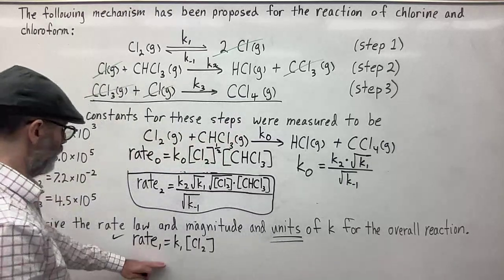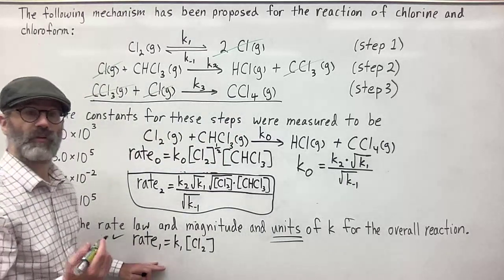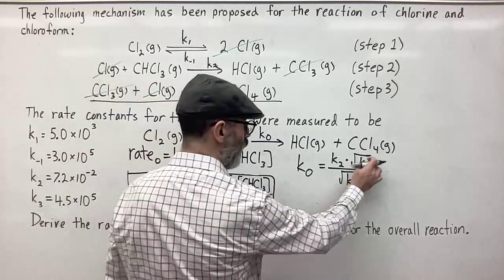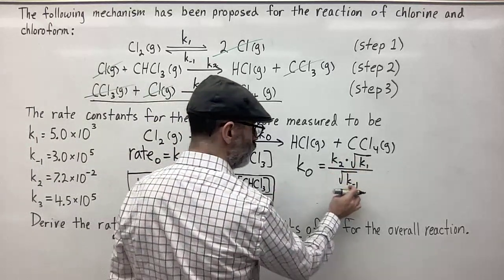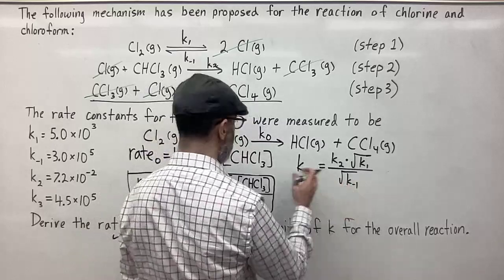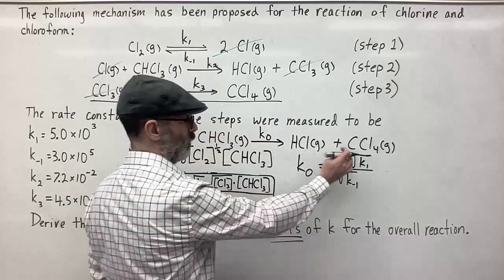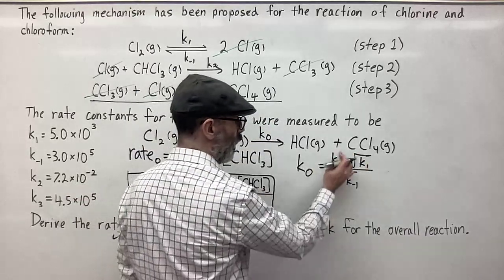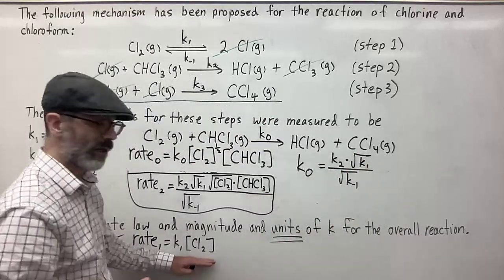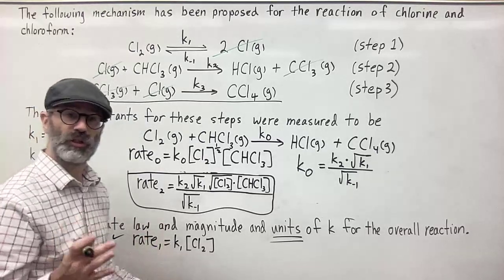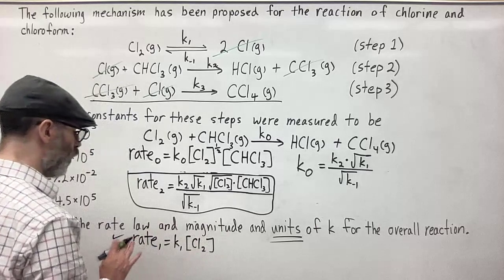And then also we have the reverse reaction. So we have to figure out what the units are. We have the values here. We need to figure out what the units are now, right? So the units are based on the rate law. We can figure out the units from the rate laws, and I'll show you in just a moment. So let's write down the rate laws first.